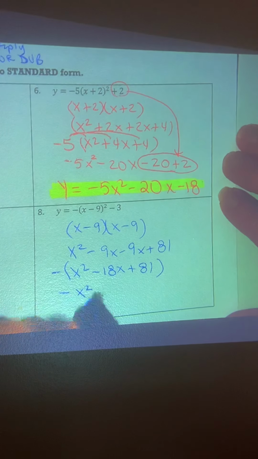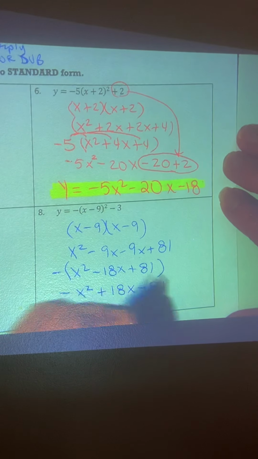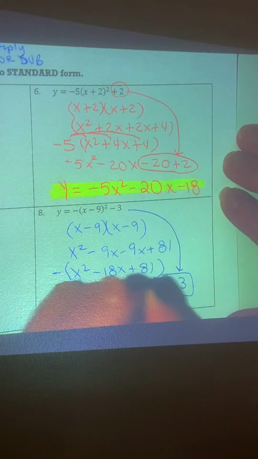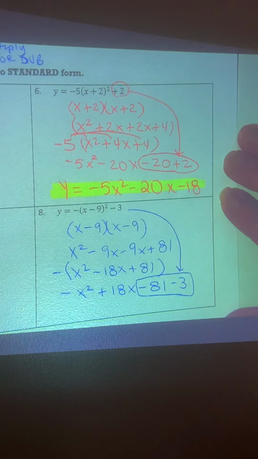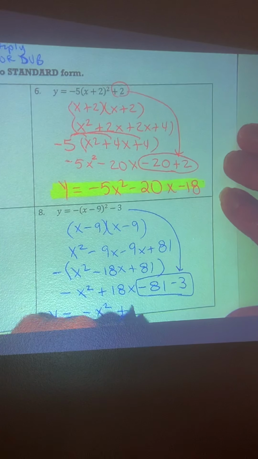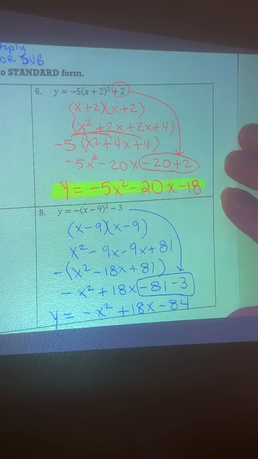Negative x squared, positive 18x, minus 81. And see the negative 3 here? Bring that down. Combine like terms. Y equals negative x squared plus 18x minus 84. And there you go.